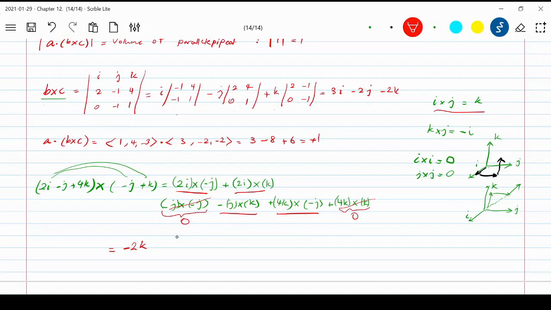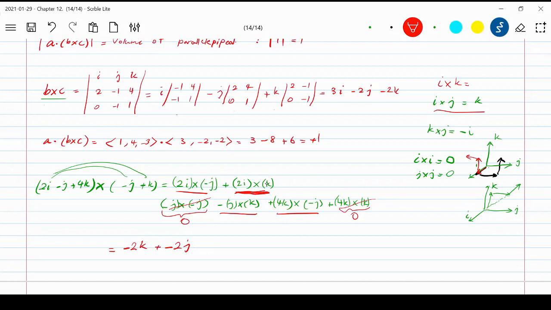Okay, for the next one, what is the cross product of 2I and K? So what is the cross product of I and K? I cross product with K would be, if you put your hand along I, curl it toward K, where does your thumb go? Thumb goes outward, actually toward negative J. So this would be negative 2J.